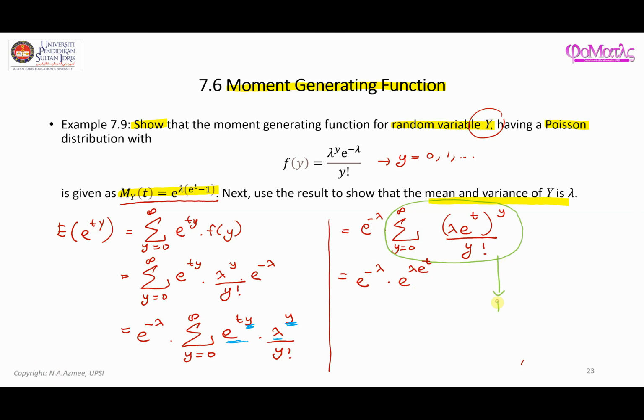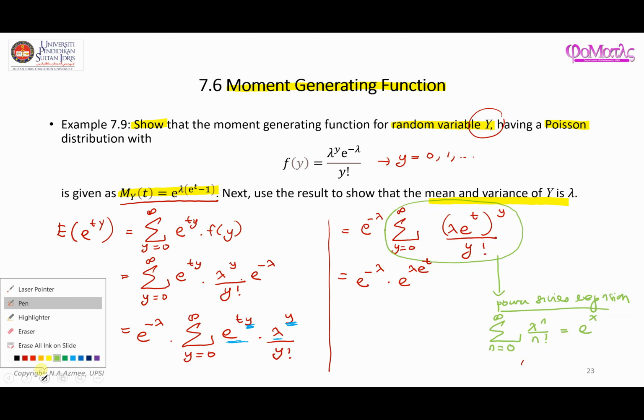When you have something that looks like this, x to the n over n factorial, with n from 0 to infinity, the sum of these infinite terms is going to be equal to e to the x. So that's the result of power series expansion.